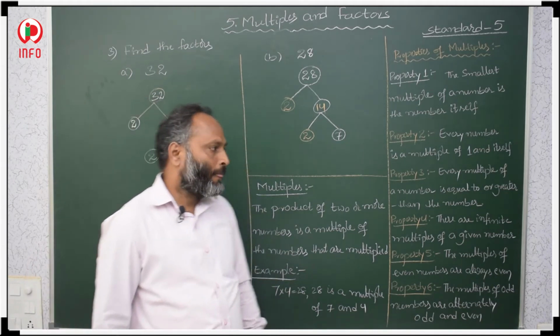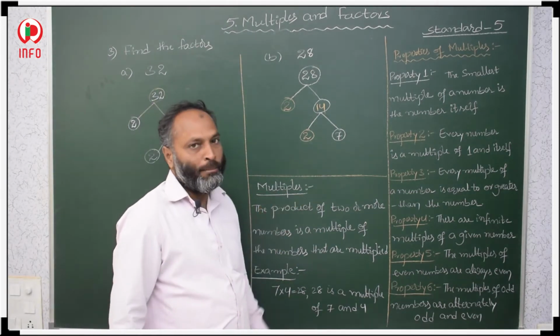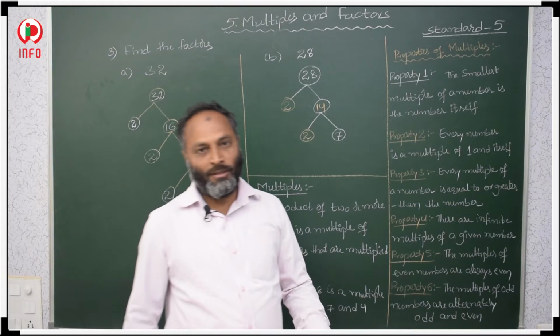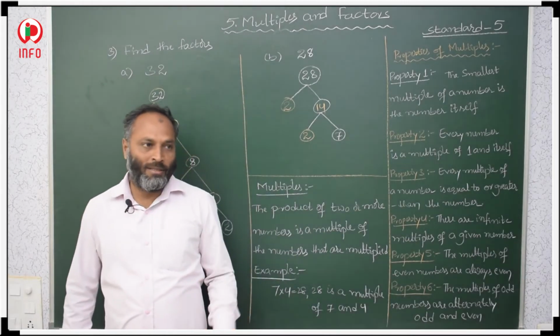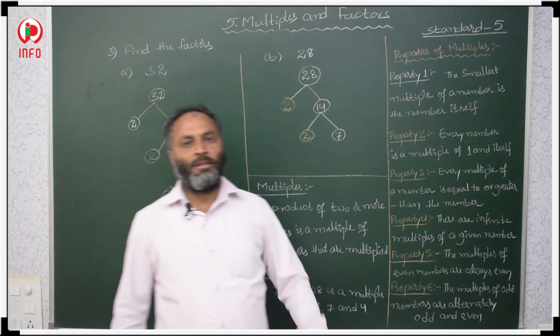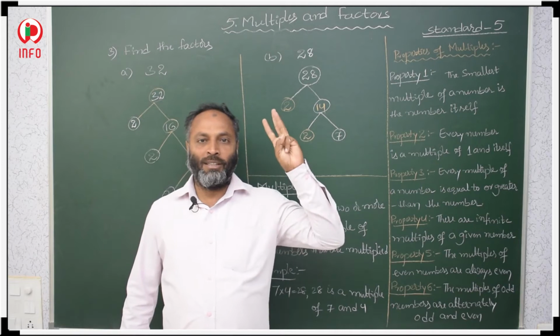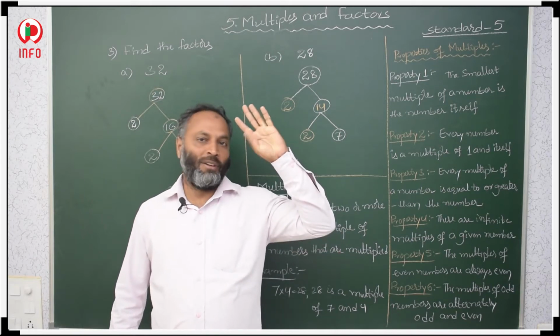Okay. Now we are going to discuss multiples. What do we call multiples? If I ask you to tell me the multiples of 5, what do you say? 5 1s are 5, 5 2s are 10, 5 3s are 15, 5 4s are 20, 5 5s are 25.